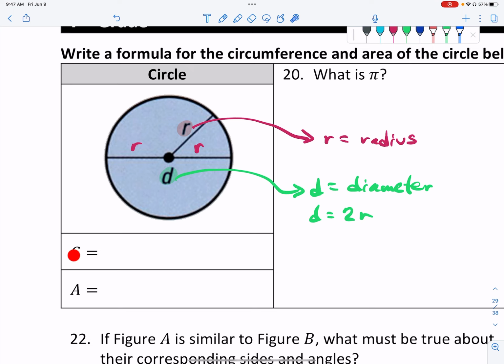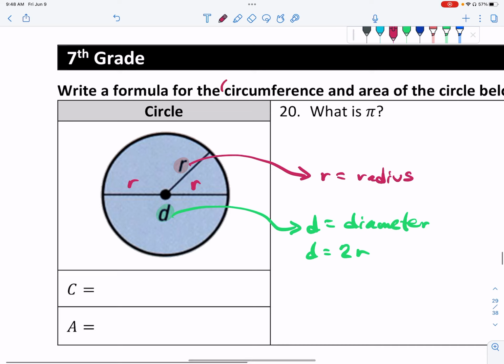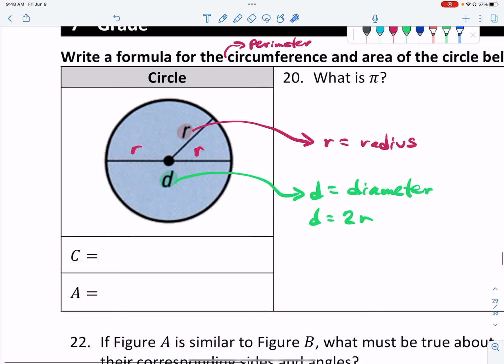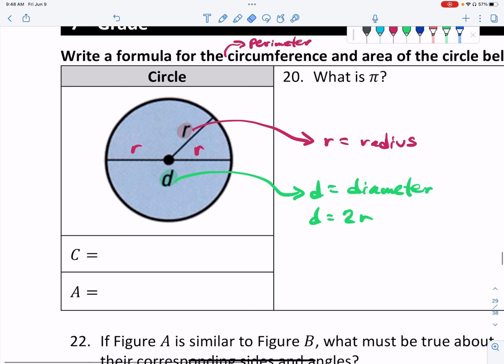C here stands for the circumference. Circumference means the same thing as perimeter. It's just whenever we have a curvy shape, we use the word circumference instead of the word perimeter. And there's two different formulas that are associated with the circumference of the circle, depending on what you have. If you're given the radius, that's equal to 2 times pi times the radius.